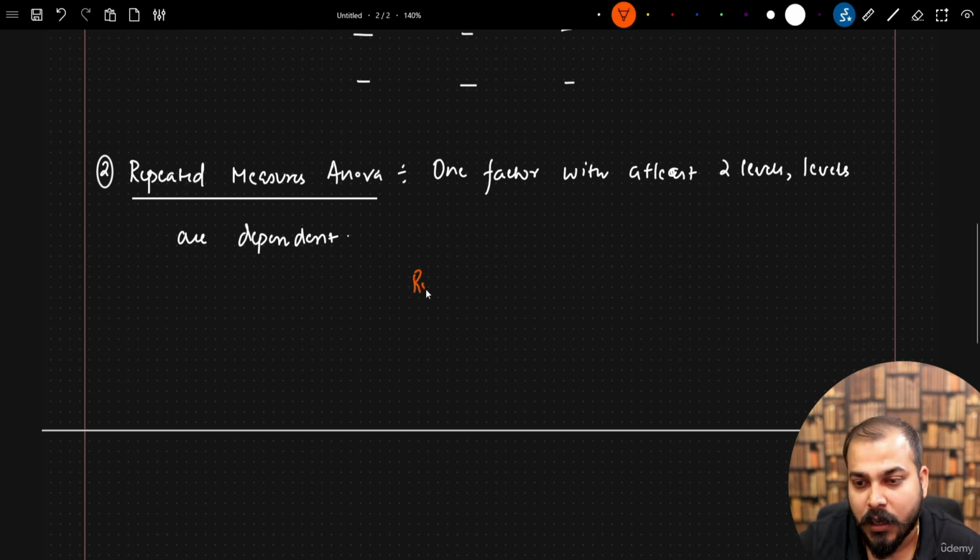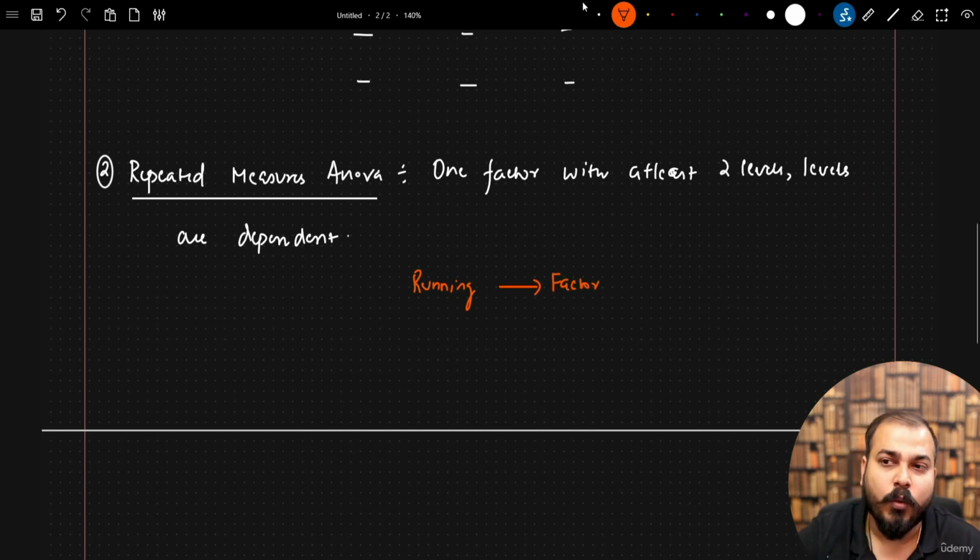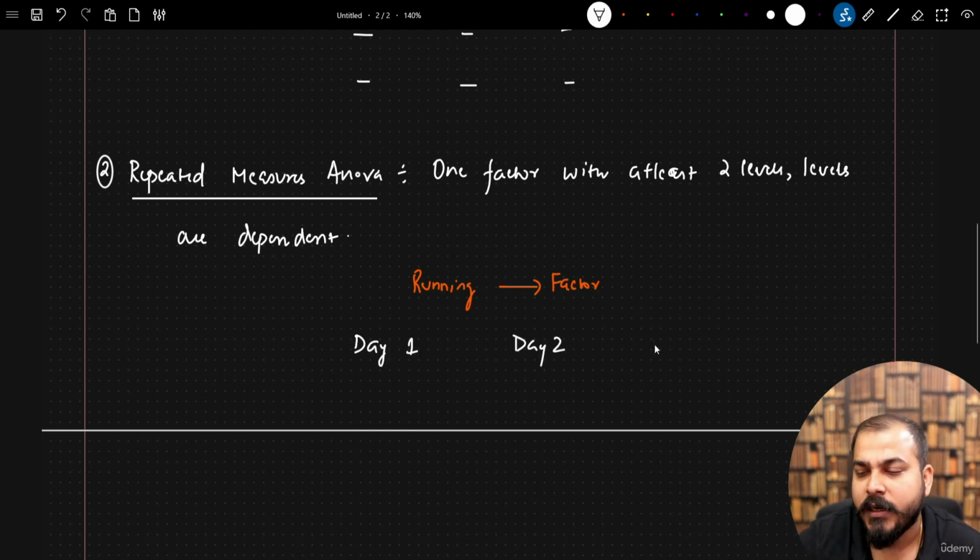Let's consider I'm talking about running. Let's consider this running is a factor. Now with respect to running, if I've selected a sample of people and I tell them to run on day 1, day 2, and day 3, the same person is running on day 1, day 2, day 3. So here you can see the levels are dependent because the same person is running.